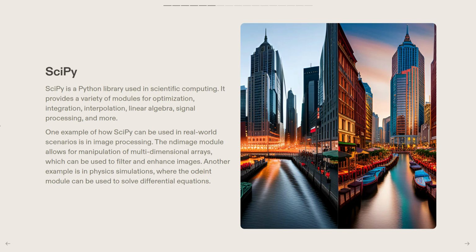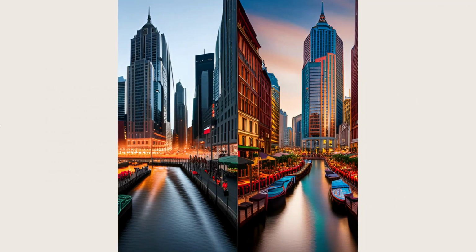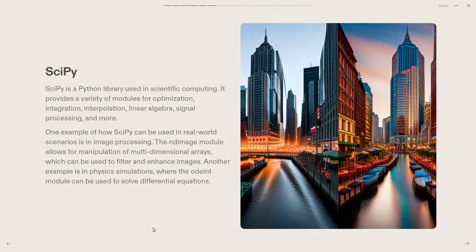The ndimage module allows manipulation of multidimensional arrays, which can be used to filter and enhance images. You're seeing on my right corner an image that is enhanced, its light is enhanced by using NumPy operations. Another example is in physics simulation, where the odeint module is used to solve differential equations.